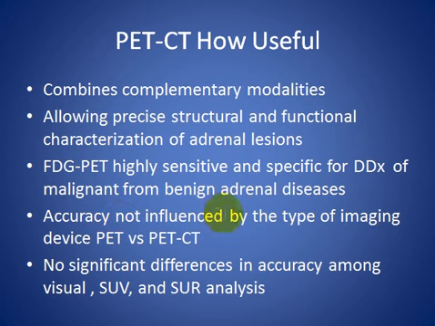Accuracy is not influenced by the type of imaging device, PET versus PET CT scan. There are no significant differences in accuracy among the visual, standard uptake value and standard uptake ratio analyses.